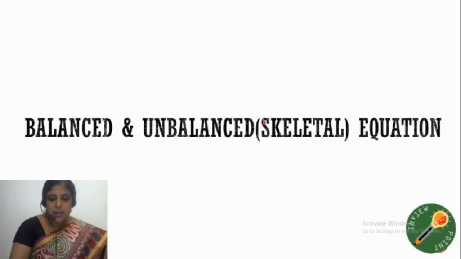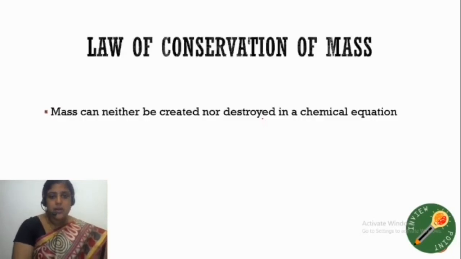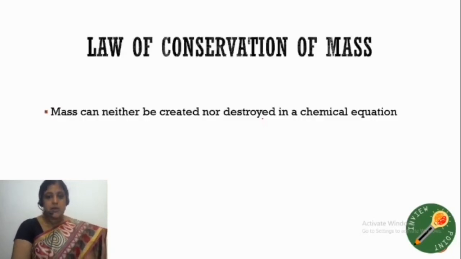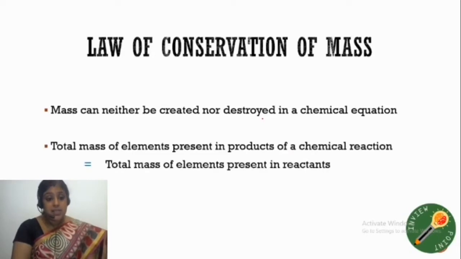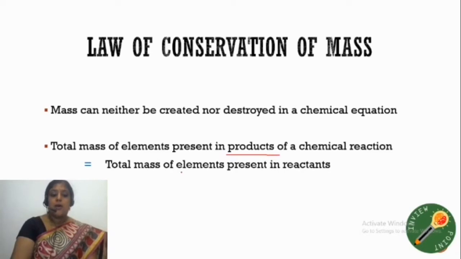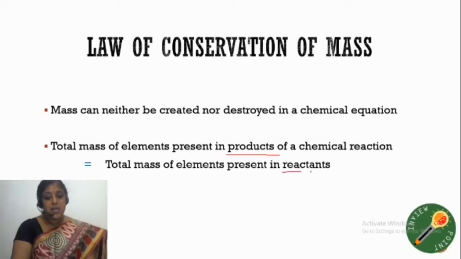So when we apply that to a chemical equation, what can we say? We can say that the total mass of elements present in the products of a chemical reaction should be equal to the total mass of elements present in the reactants.